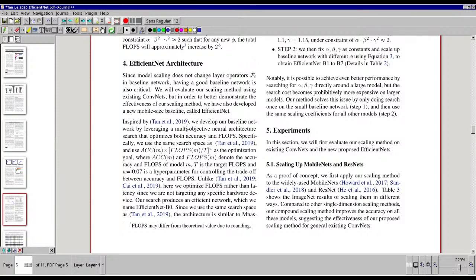Inspired by Tan et al. 2019, we developed our baseline network by leveraging a multi-objective neural architecture search that optimizes both accuracy and FLOPS.